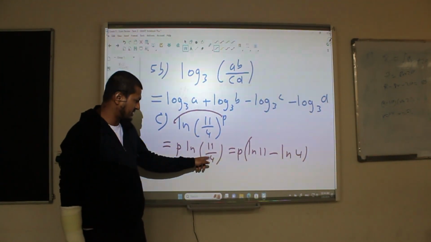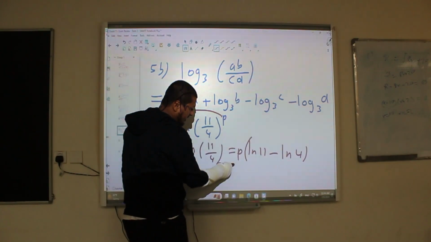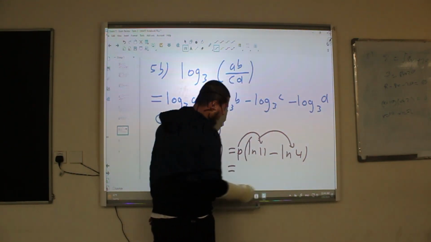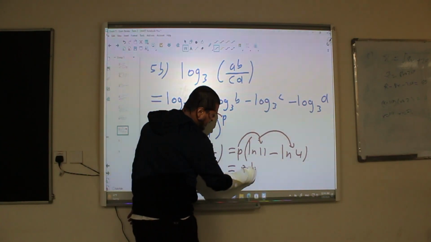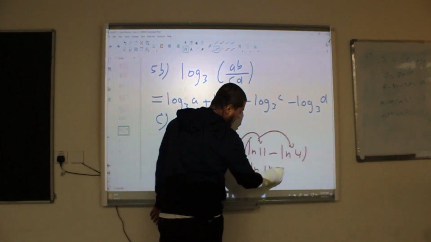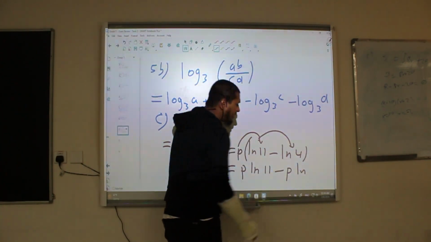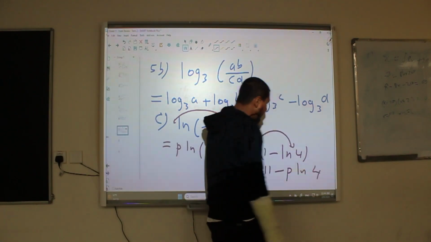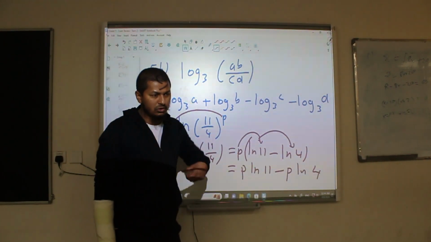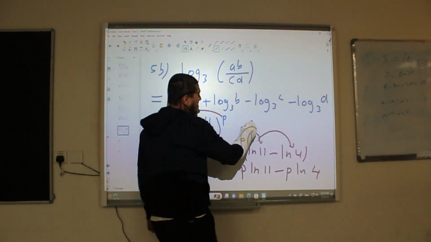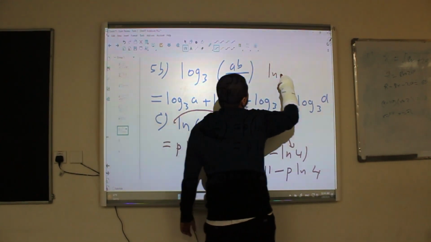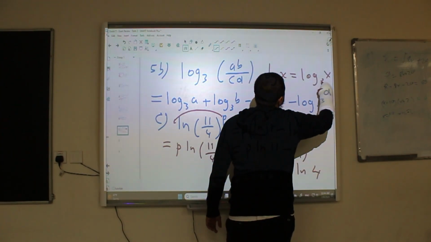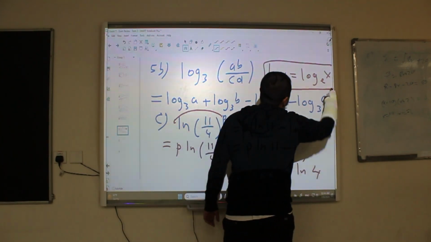Why negative? Because it's in the denominator. Because we want to expand this, we need to distribute into the 2 terms that we have here. So we have p ln 11 minus p ln 4. ln basically means natural log, right? And what is natural log? It is log x base e. Remember, ln x is equal to log x base e. So remember this, right?